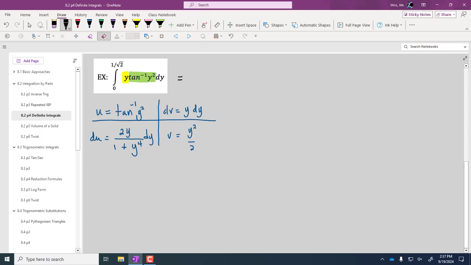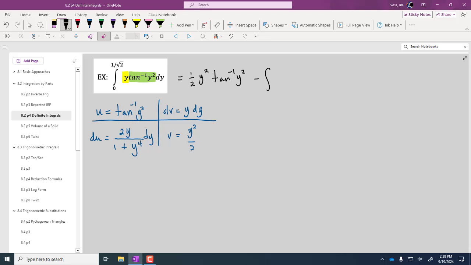Right, that is going to give us uv of half y squared arctan of y squared. So there's uv, ultraviolet. Now voodoo, so minus the integral of v du, bottom row.